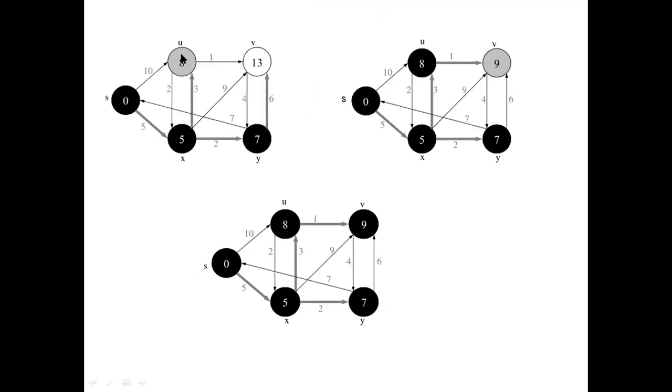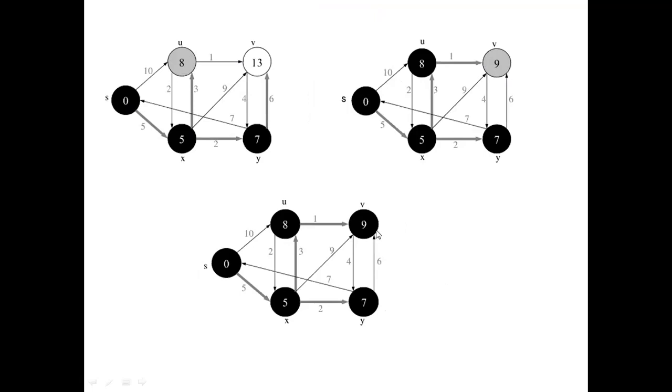The distance from S to V is 13. But if we select the path from U to V, this distance is 9. So we finally select this vertex V.